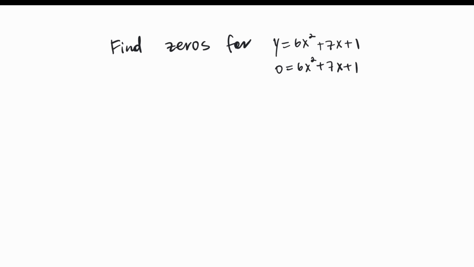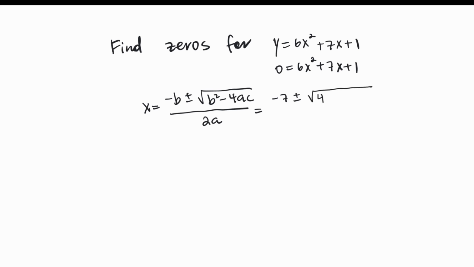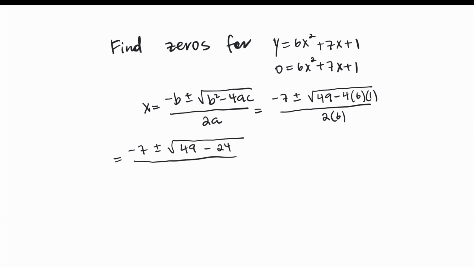For the sake of this example, I will use the quadratic formula. x equals negative b plus or minus the square root of b squared minus 4ac, all over 2a. Simplifying under the radical, we have 49 minus 24 over 12.